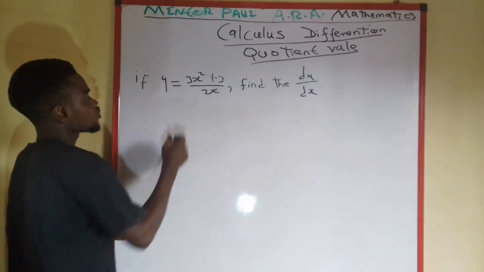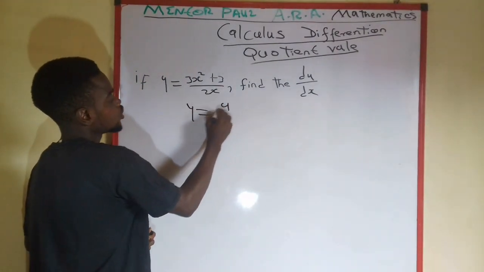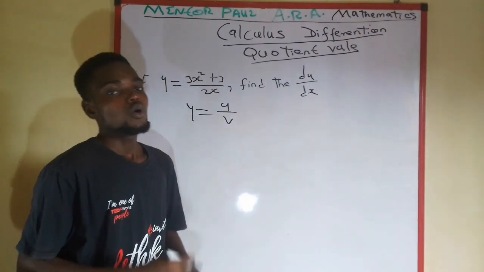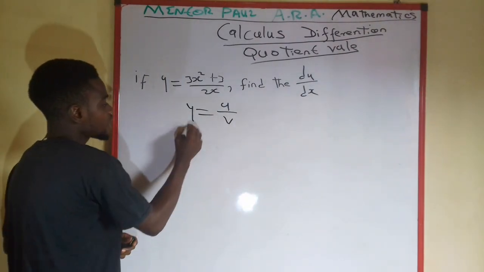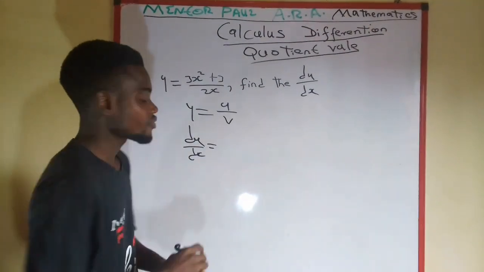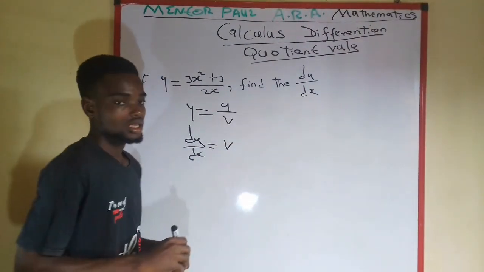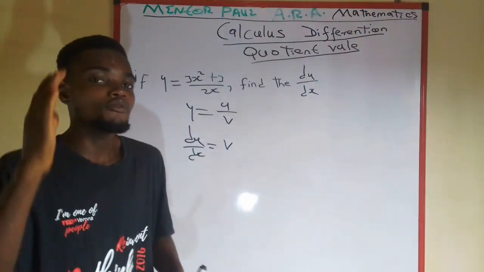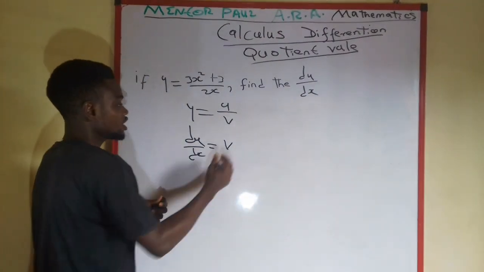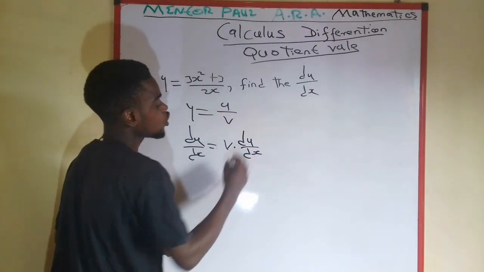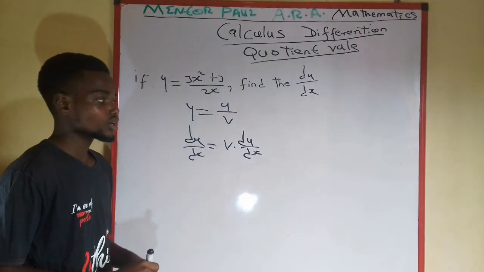Now, if I have y equal to u over v, just like I have here, meaning a quotient rule, what I'm going to do is find dy over dx of this expression. I'm going to use v as it was from the equation, that is the normal v, or you can call it a virgin v, that is untouched v, and multiply it by differentiated u, that is du over dx.